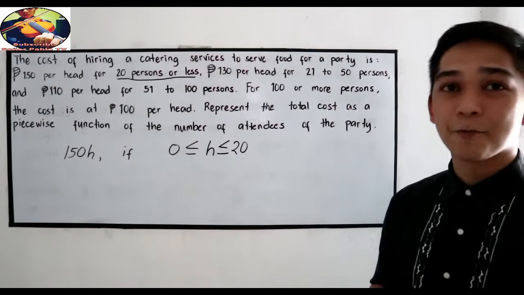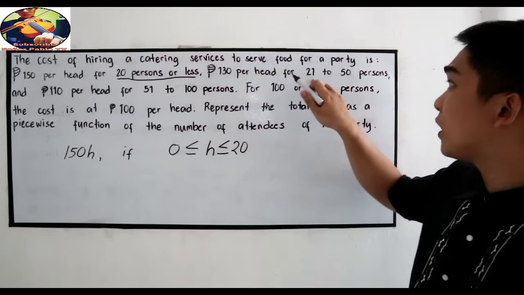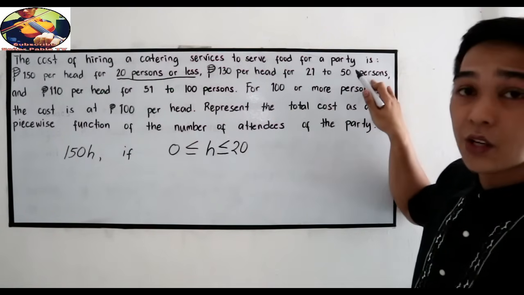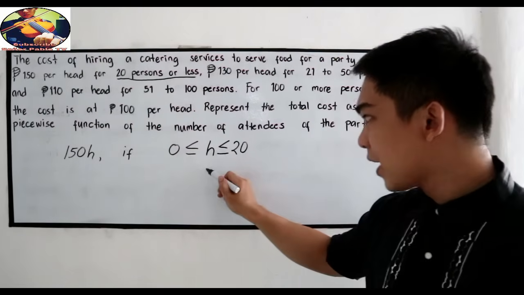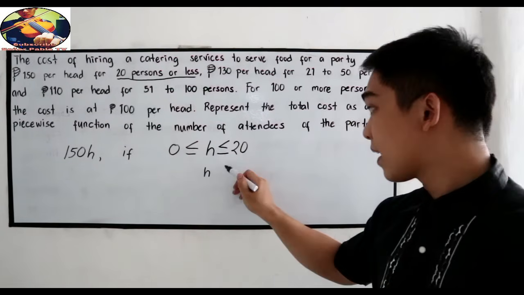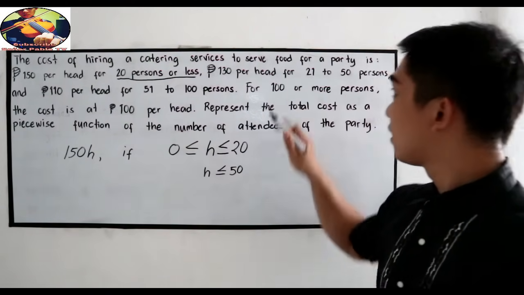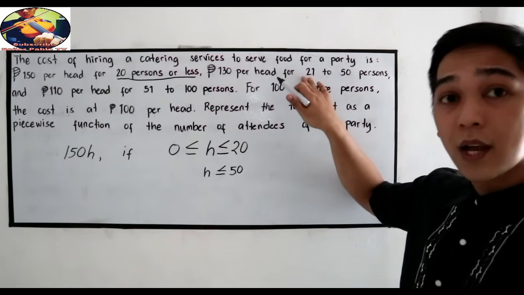Next condition natin. 130 pesos per head for 21 to 50 persons. So, H to 50 persons o mas maliit, less than or equal to 50. Pero may limit tayo na up to 21.